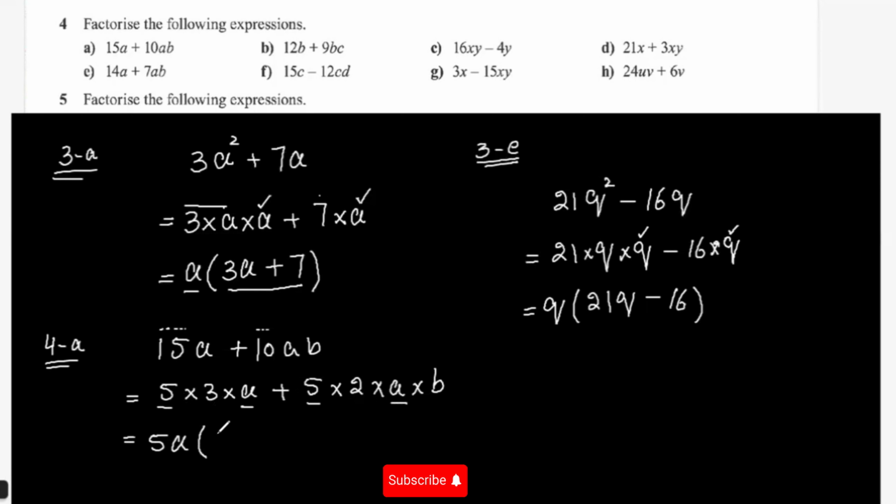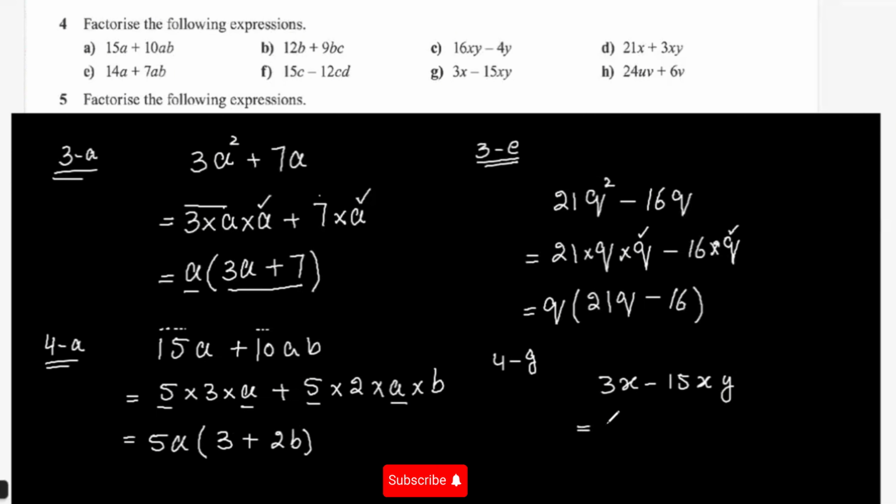From the first term we are left with 3 and a positive sign. From the second term we are left with 2b. Now, this expression 15a plus 10ab can be written in the form of two of its factors, 5a and 3 plus 2b.